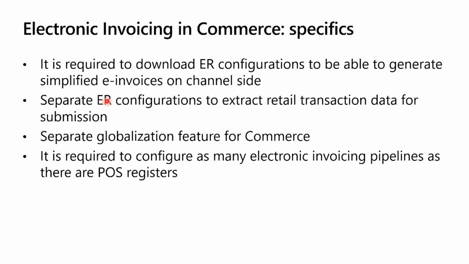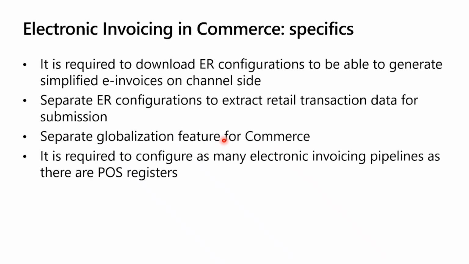Also, separate electronic reporting configurations are created to support the submission part of the process, basically to extract retail transaction data from the database and send them to the service for submission. A separate globalization feature must be configured in your RCS environment for Commerce. So you need to configure this.